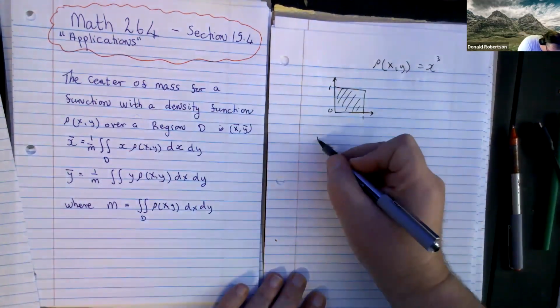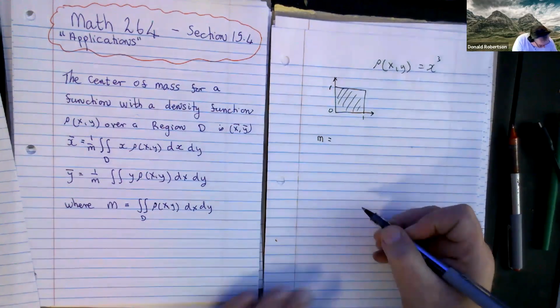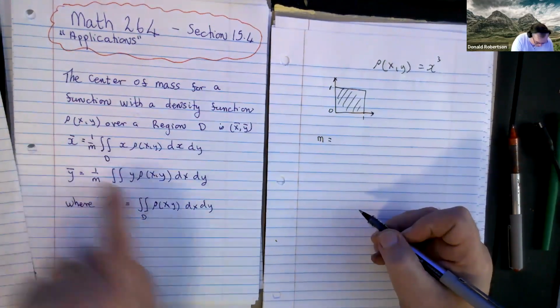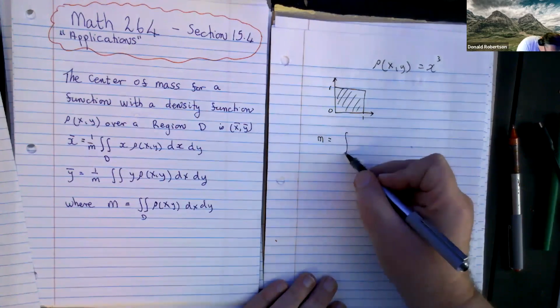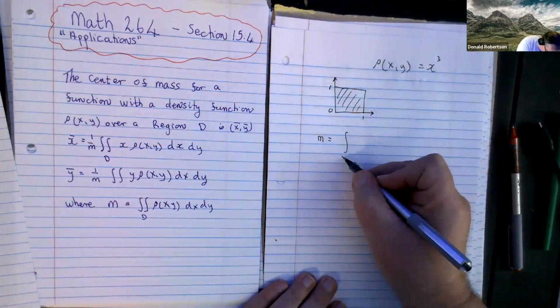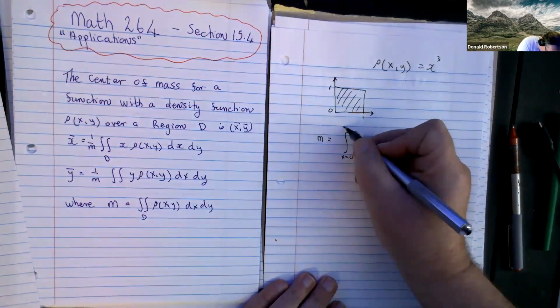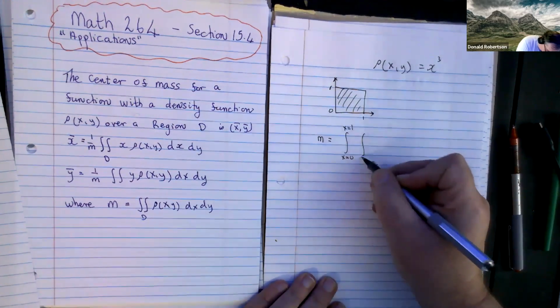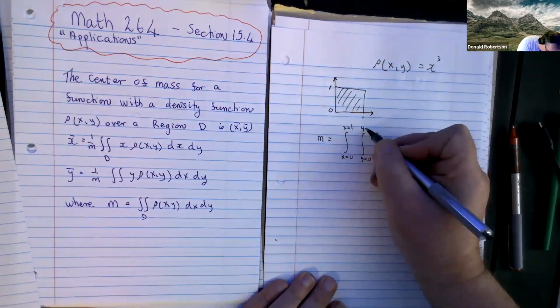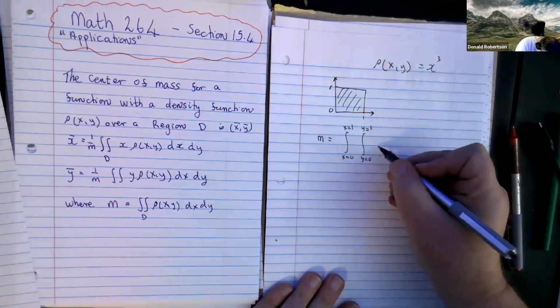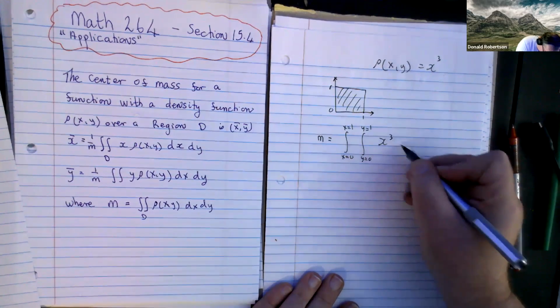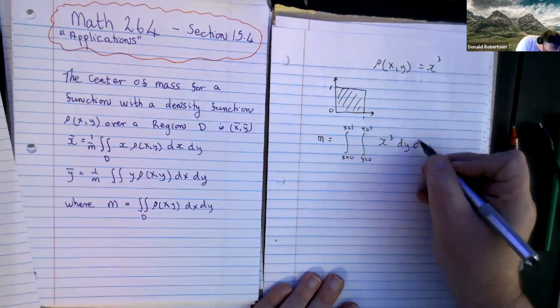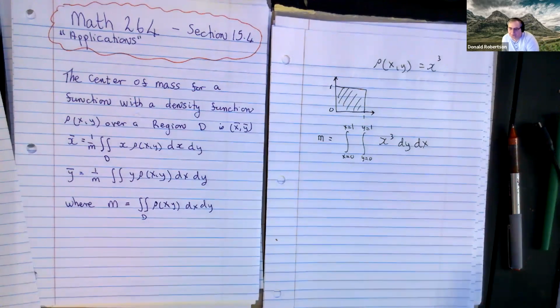So first thing you do is you calculate m, because you're going to use it here and here. M is the integral of this region, so that's going to be x equals 0 to x equals 1, y equals 0 to y equals 1. The density function, in my case, dy dx. Now, you want to make life easy.